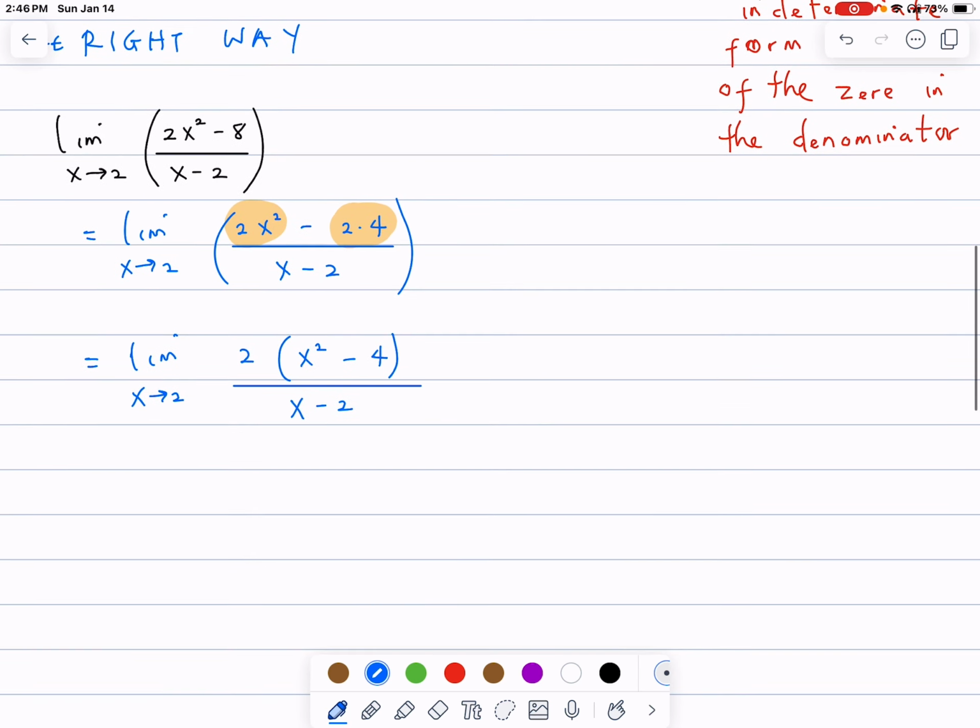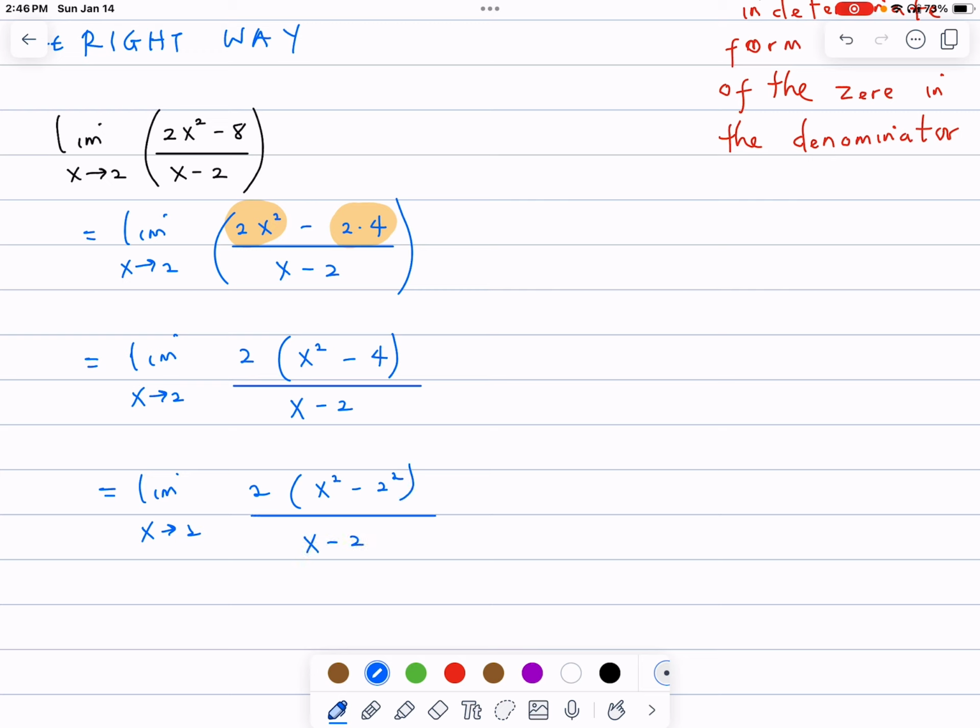Okay, so what I can do here is use the difference of squares for the numerator. I can write this term as x squared minus 2 squared over x minus 2.